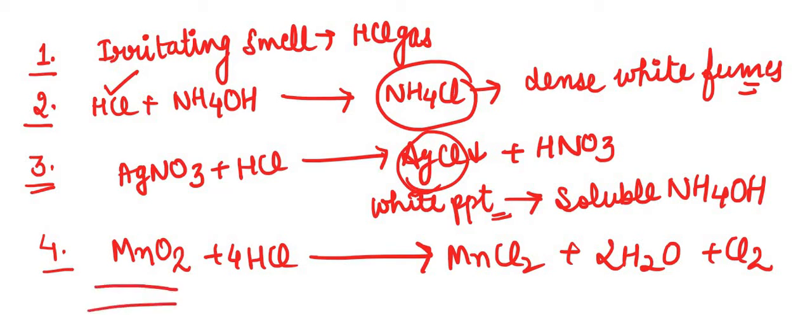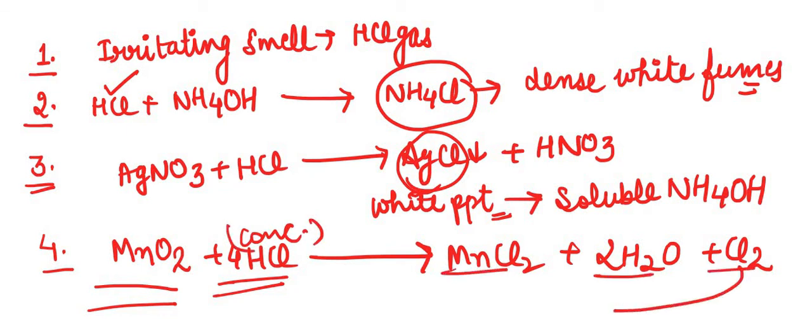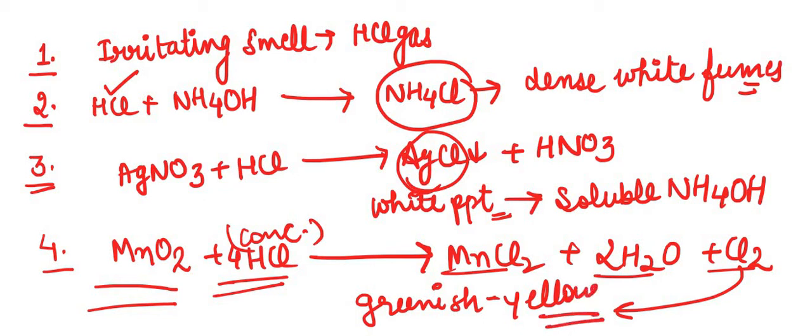MnO2 reacts with concentrated HCl and forms MnCl2, water and Cl2. That Cl2 gas, as you already know from class 11, is a greenish yellow colored gas, which indicates the presence of HCl.